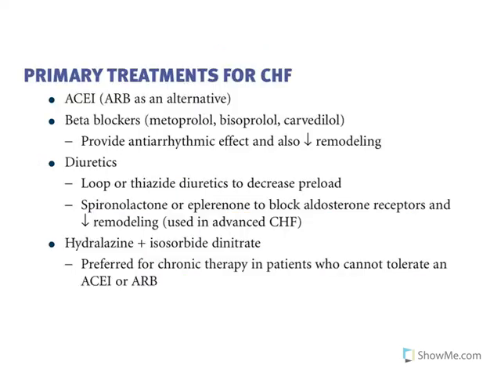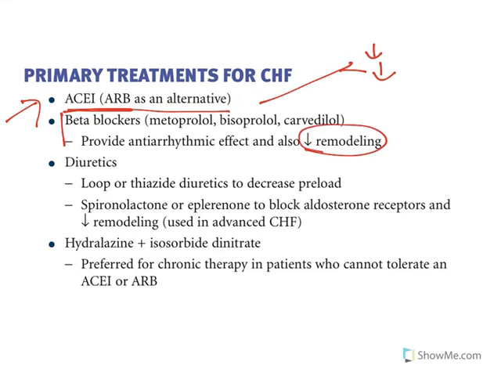I'll explain it again. Look at this. So the primary treatment is basically these drugs because they reduce preload as well as afterload, ACE inhibitors and ARBs. Beta blockers to reduce remodeling. Now diuretics, again they reduce preload and they are very safe drugs. Vasodilators like hydralazine and isosorbide dinitrate are also used to treat chronic CHF.